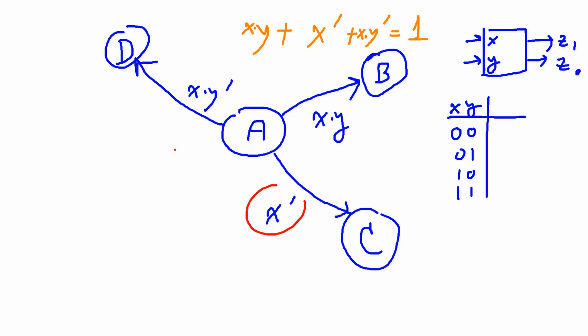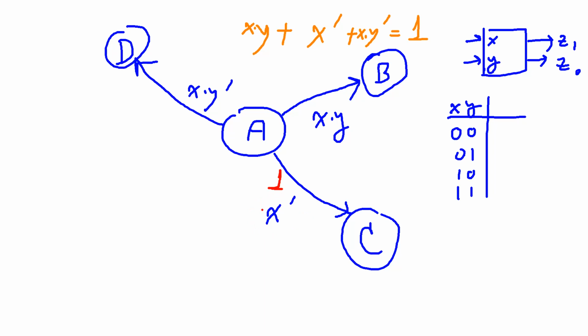So if this condition is true, the other condition must be false. How to check? If you AND this and this, the result must be 0, because otherwise two conditions become true at the same time.